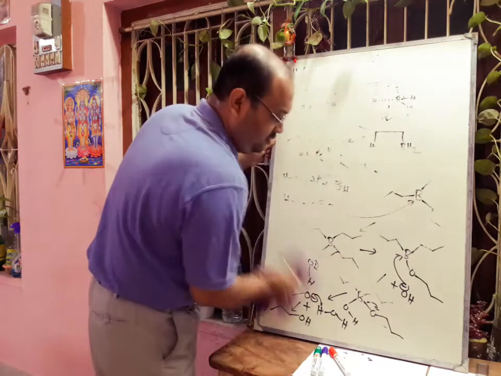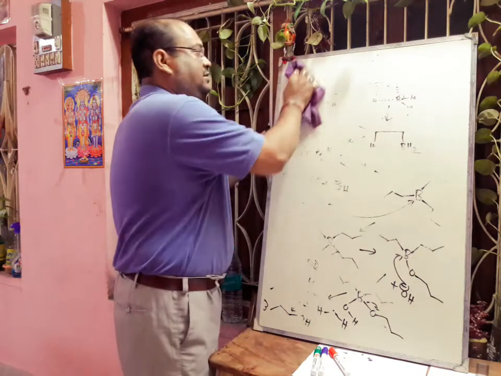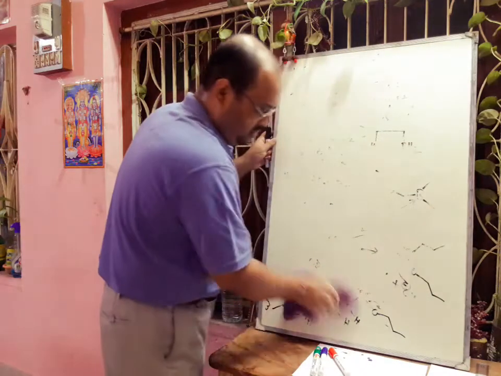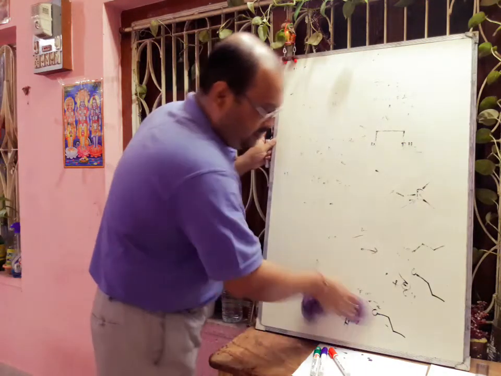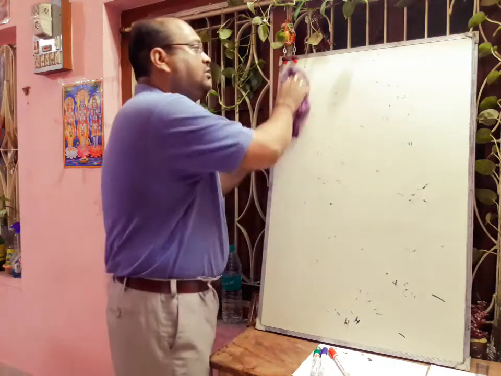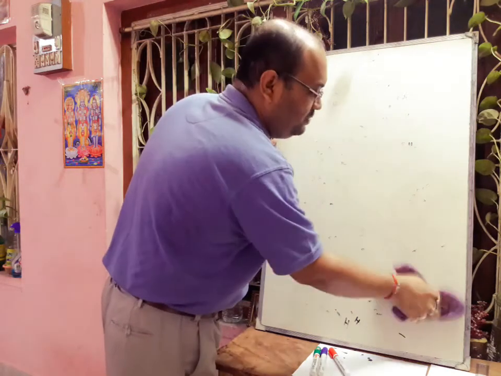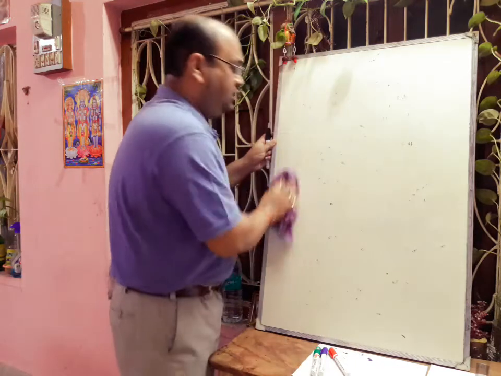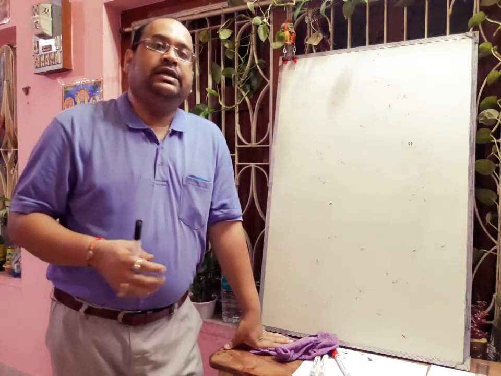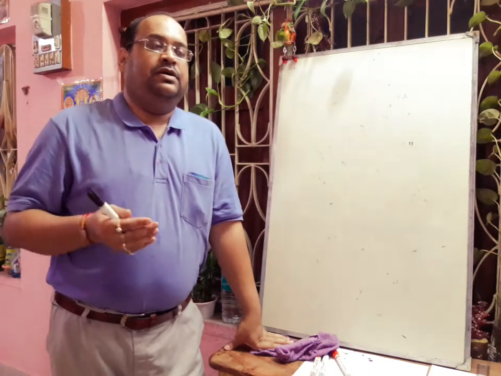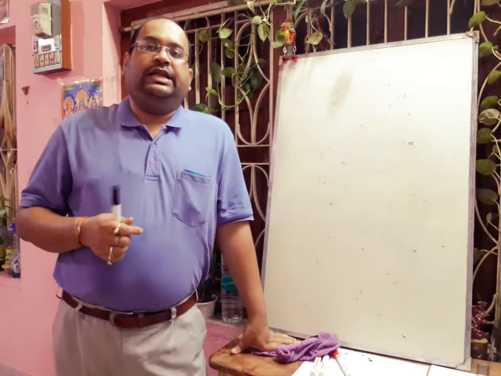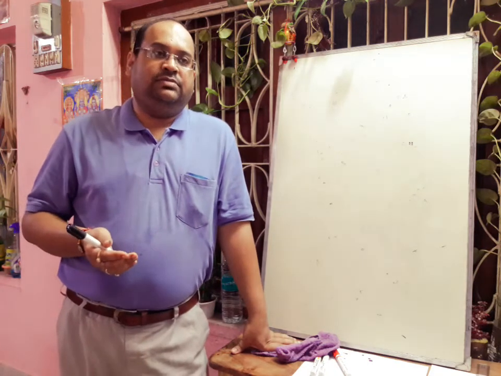Next we will go to another reaction by which we can prepare different types of alcohol. We have already discussed that if in a molecule only one OH group is there, then it is called monohydric alcohol. If that OH is attached to a carbon atom attached to only one other carbon, then it is called primary alcohol.